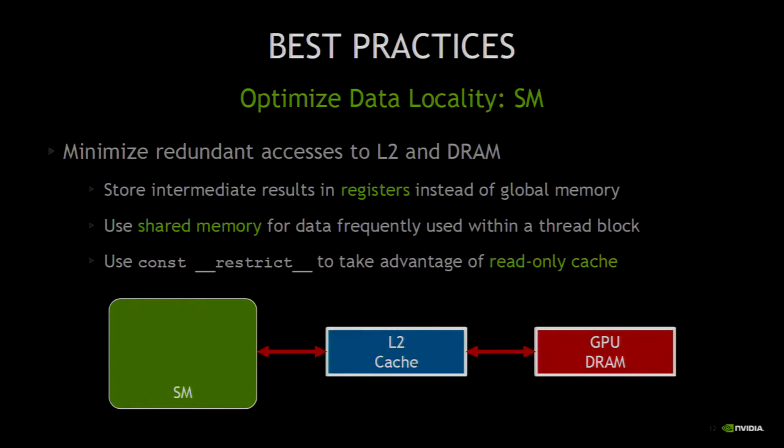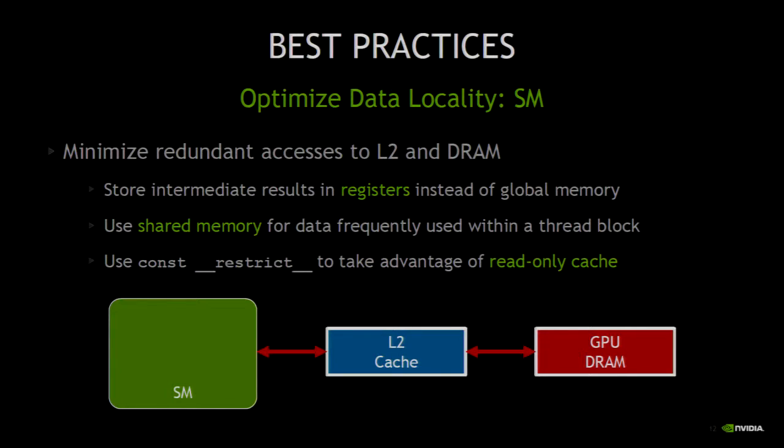Once you move the data to the GPU, you want to keep it as close to the streaming multiprocessors as possible. Of course, accessing DRAM is cheaper than accessing system memory and doing copies over PCI Express, but even cheaper is when you have your data stored on the SM. There are lots of different ways to optimize for that. You can store some intermediate data in registers, for example, instead of always copying it to global memory.